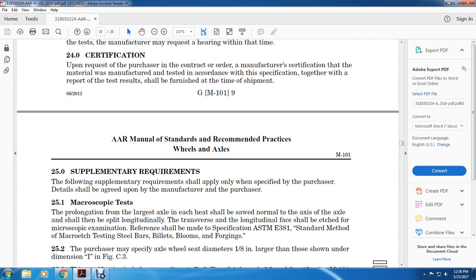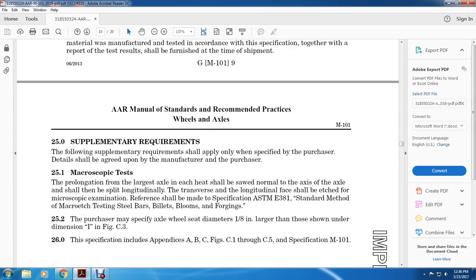25.0 Supplemental requirements. The following supplemental requirements shall apply when specified by the purchaser. Details should be agreed upon between the manufacturer and the purchaser. 25.1 Macroscopic test. A cross section from the largest axle of each unit, normal to the axis of the axle, shall be split longitudinally, and the transverse and longitudinal faces shall be etched for macroscopic inspection. Reference shall be made to ASTM Method E381, standard method of macro-etch testing of steel bars, billets, blooms, and forgings.